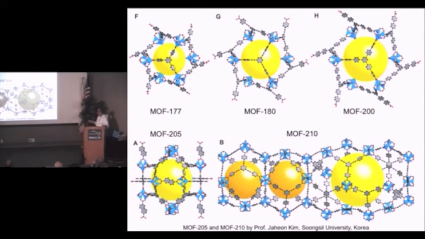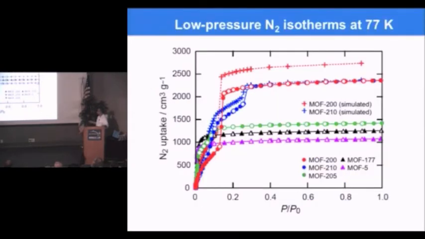surface areas. And you can see here, not only can we make the queen of MOFs, which we called MOF-177, but also its expanded analogs and other structures, again with maximally exposed faces and edges. And you can see here that our original MOF-5, which has a surface area of about 3,000 square meters per gram.